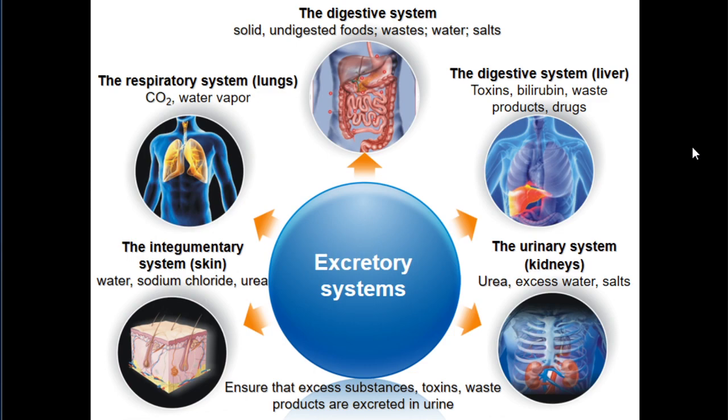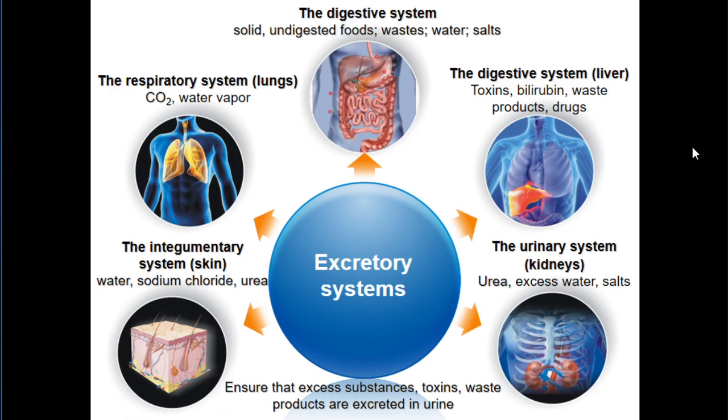Let me begin with a brief overview of excretory systems, which includes skin, excreting water, electrolytes, urea; respiratory system, lungs, excreting carbon dioxide and water vapors; the digestive system, excreting solids, undigested foods, wastes, water, and salts; liver as a part of the digestive system, which excretes through the bile toxins, bilirubin, waste products, and drugs.